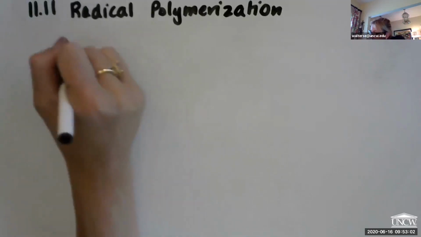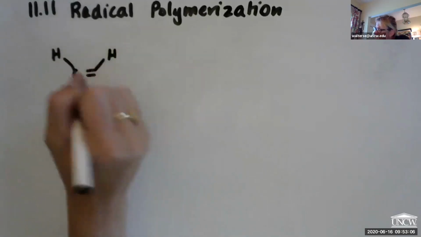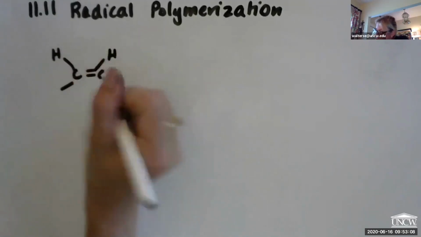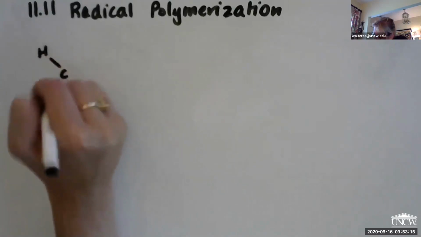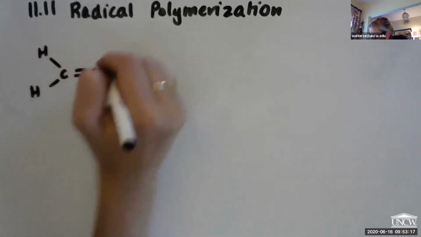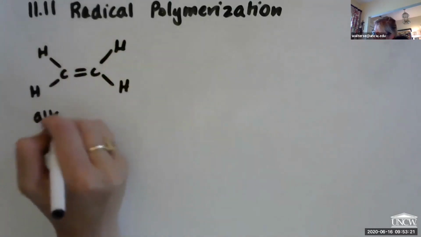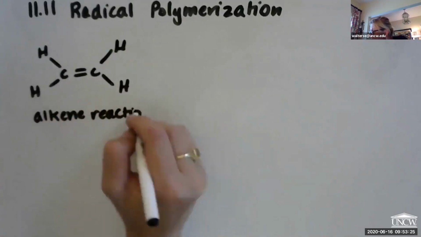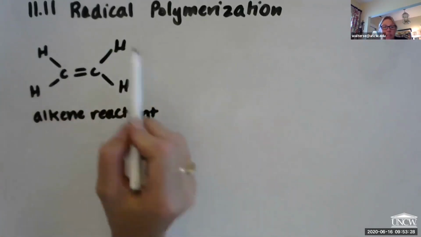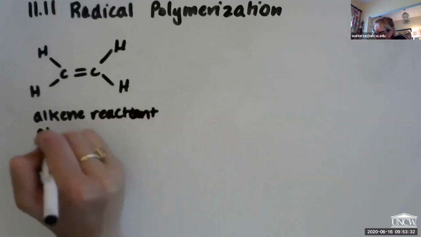So you have your reactant, and the reactant is an alkene, which may or may not be substituted. This is just a plain example where we have ethylene.